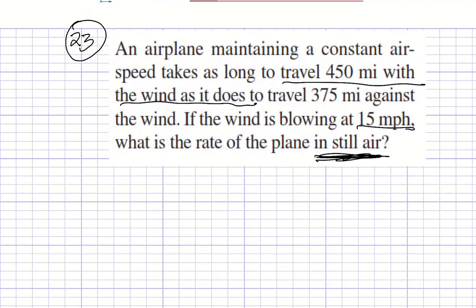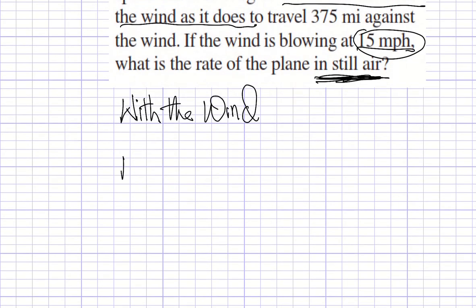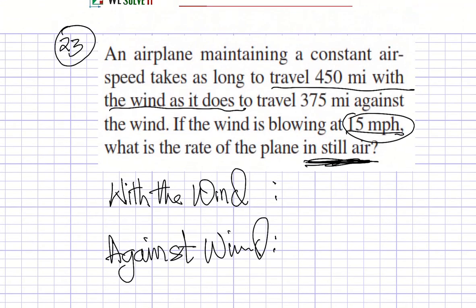Do you understand? So there is a retarding force here. Okay, so there are two things here with the wind. The wind is helping, and then against the wind, the retarding force, okay, and the time is the same, so it's the same thing.